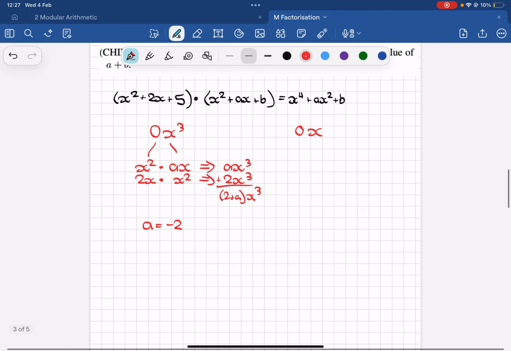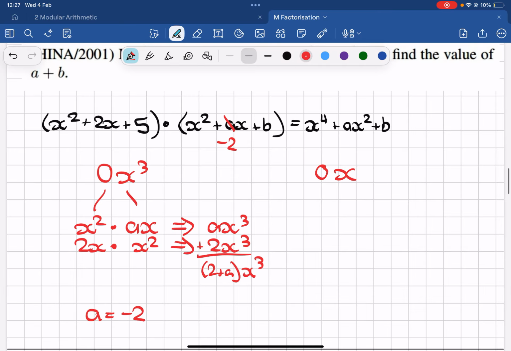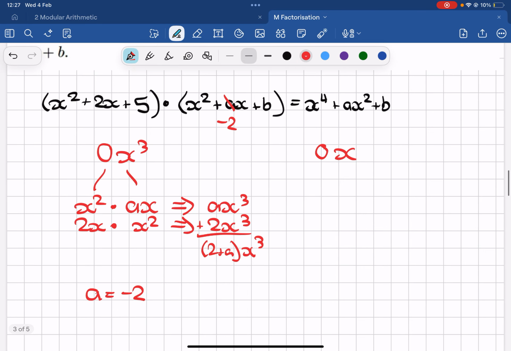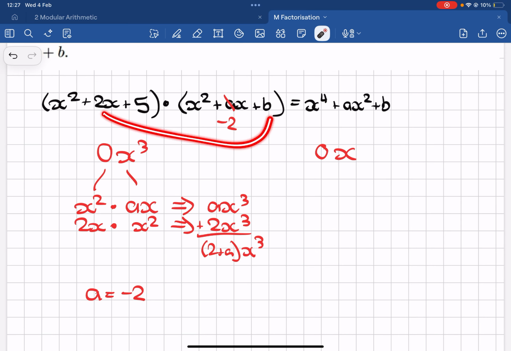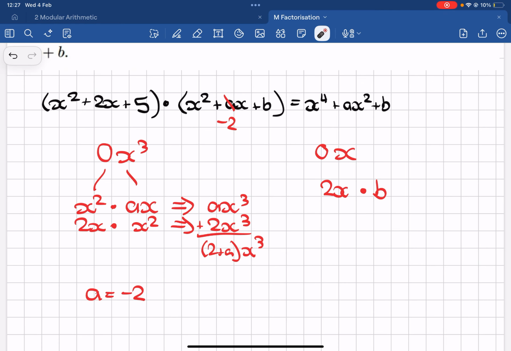So we can swap this a for minus 2. And we can apply a similar logic when we're dealing with the x term. So we find the x term in two ways. We multiply 2x by the constant, so 2x multiplied by b, or the 5, the constant in the first bracket, multiplied by the x term in the second, so 5 times minus 2x.